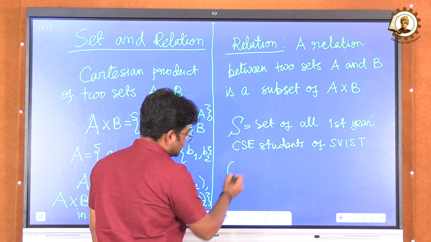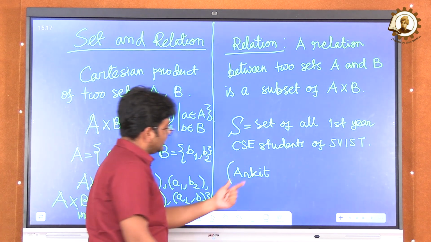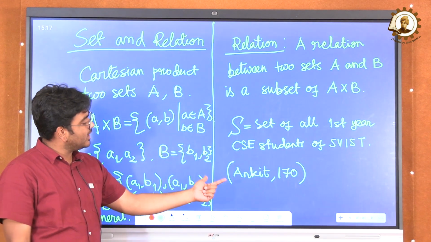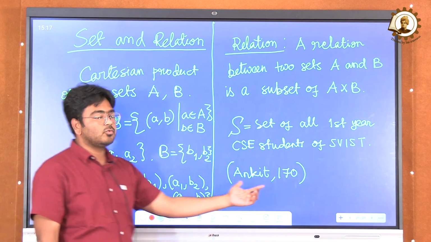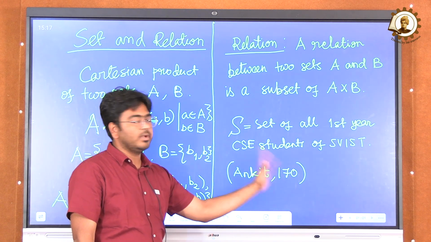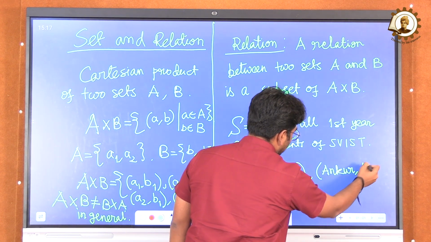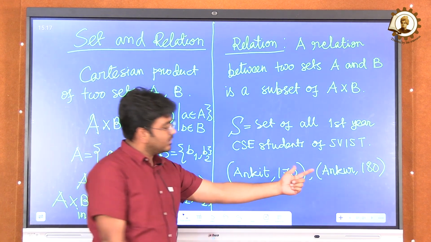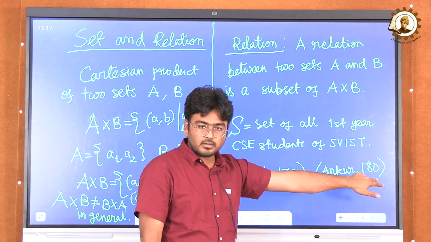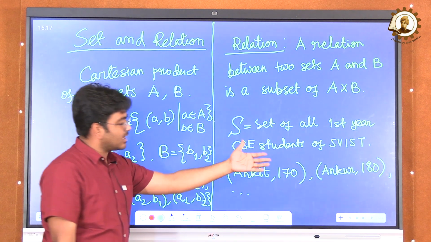Say there is a student named Ankit. I will write Ankit, comma, 177. If we give this data to anyone, they can easily understand that Ankit has height 177. Similarly, say there is a student named Ankur and his height is 180. Like that, I will collect this kind of data.